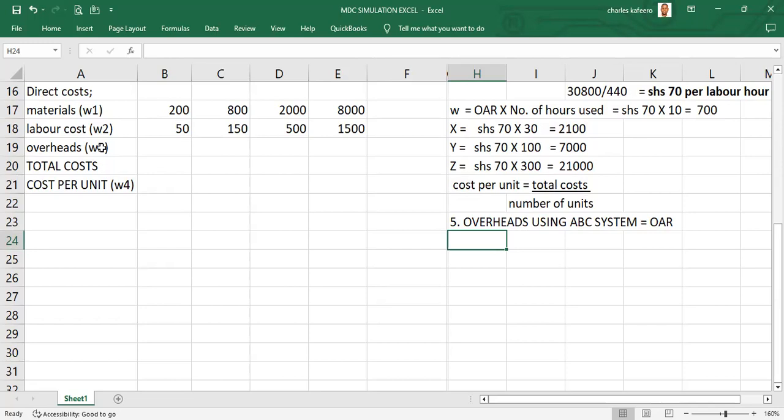Those are the ones. The difference here is that we are not taking the total cost as a whole, but we are splitting each overhead to be allocated using an appropriate cost driver.